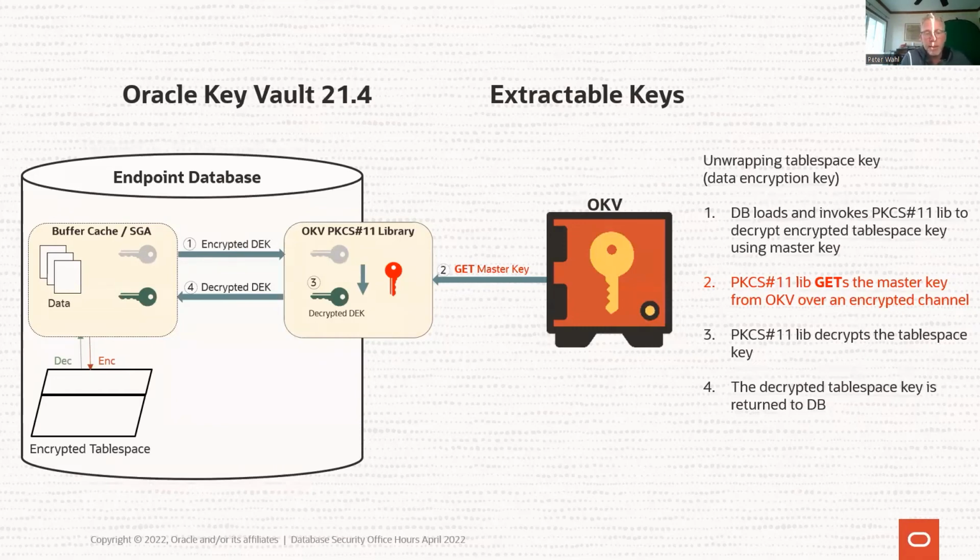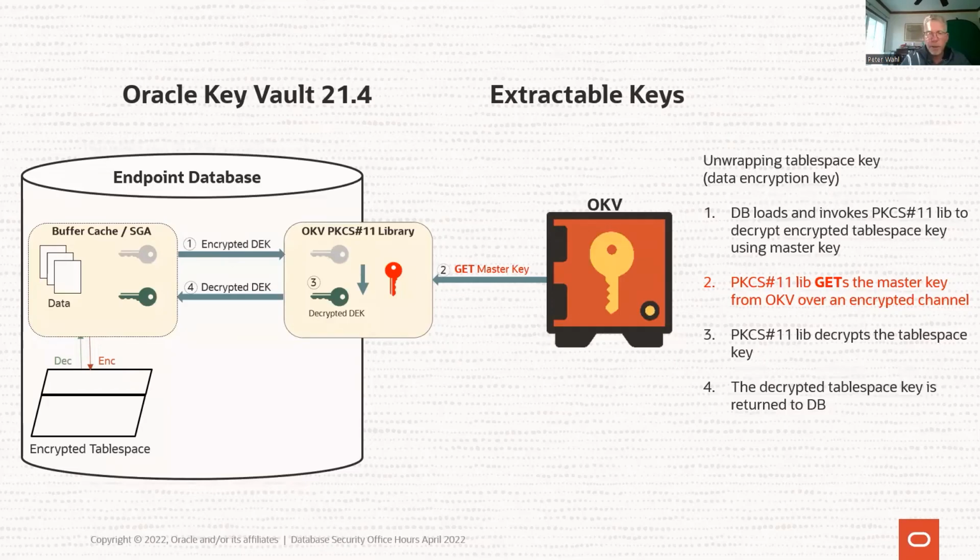So here the keys can leave OKV, and of course that makes for a very fast encryption and decryption solution, right? Because we cache the key in the PKCS11 library by default for 60 minutes, and only after 60 minutes we reach out to OKV and refresh the key if it's needed.